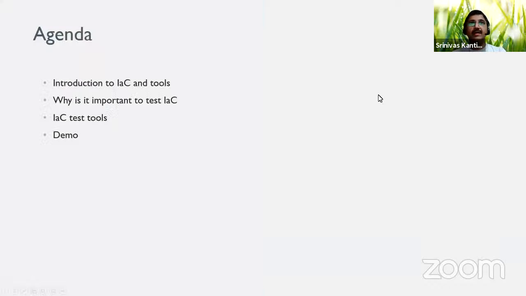So that's about me. This is the agenda for today. The main focus will be on testing infrastructure as code. Why do we need this, why is it important to test, and what options do we have? That's the main focus. But I'll start with a bit of introduction to IaC.